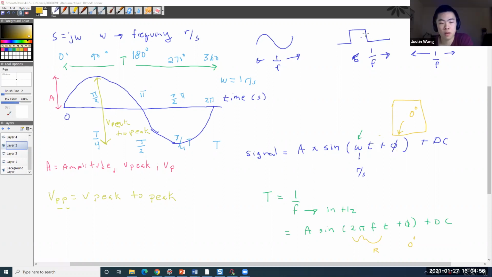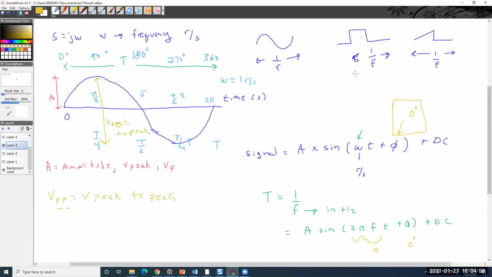Yes. Okay, so this is just a square wave, and that's like a triangle wave. I might have said it too quickly, and I apologize. But I was saying that this has a period and it has a frequency. It's just not a pure sine wave.